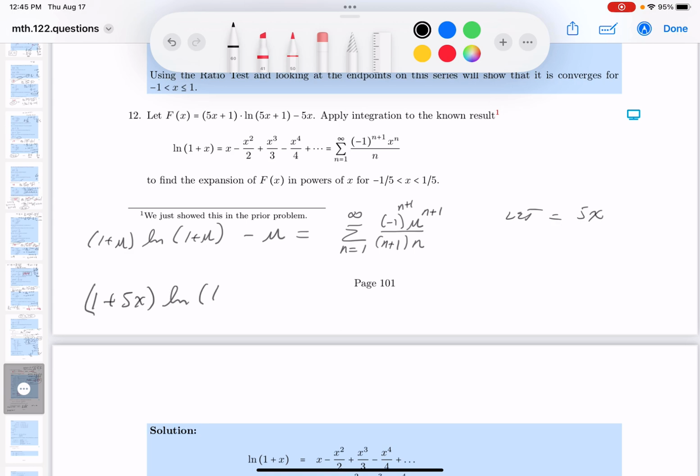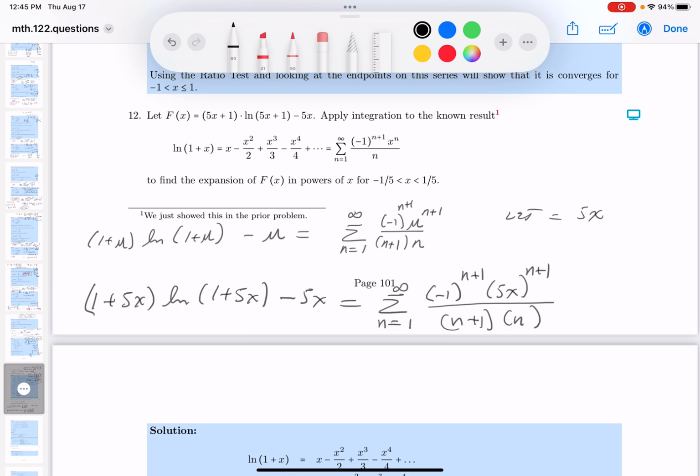ln of 1 plus 5x minus 5x equals the sum from n equals 1 to infinity of minus 1 to the n plus 1, 5x to the n plus 1 over n plus 1 times n.